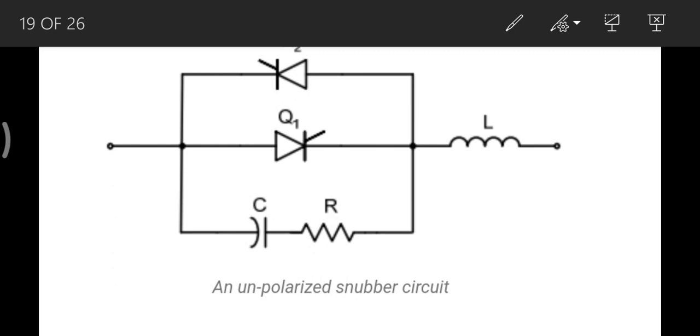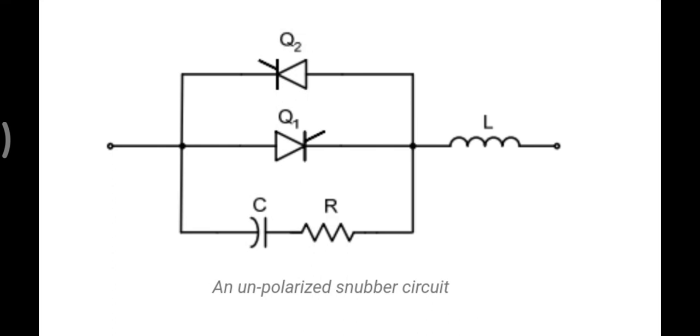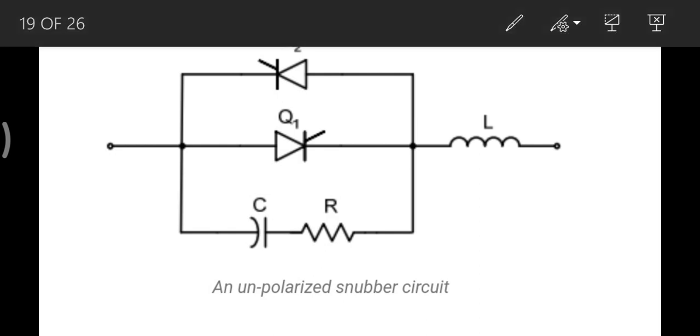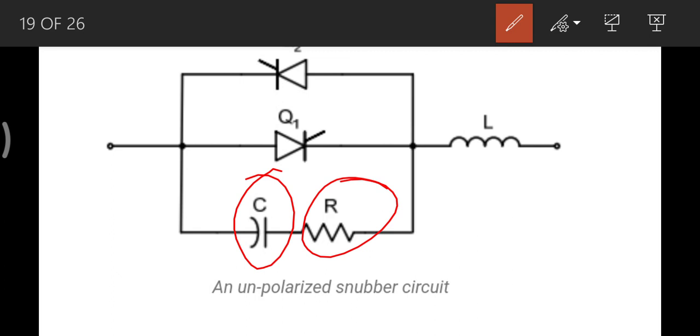Here we have to consider one thing: the two transistors are connected in anti-parallel, and a snubber circuit consisting of resistor R and capacitor C is connected across this anti-parallel set. So by connecting this RC snubber circuit, we can easily limit the voltage rise in the operation.